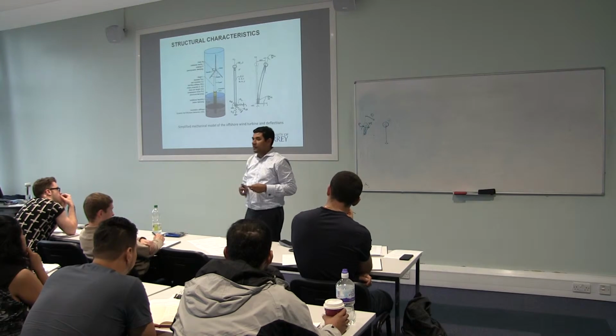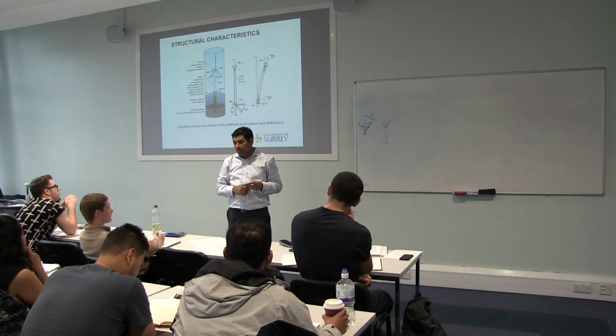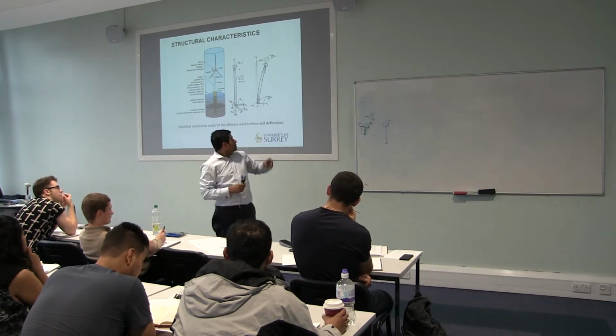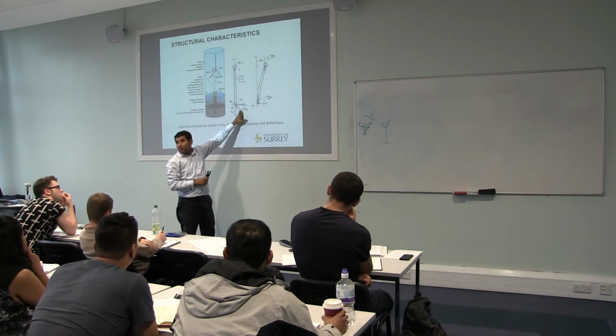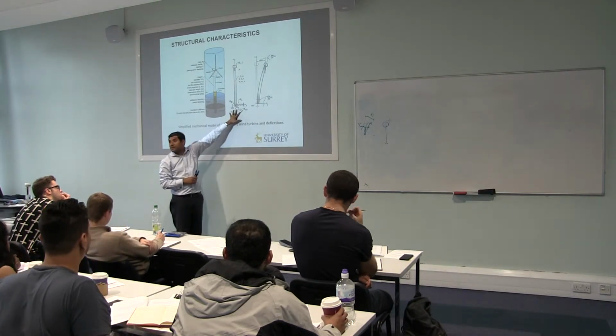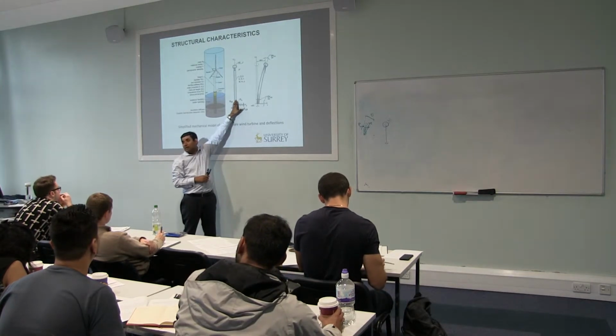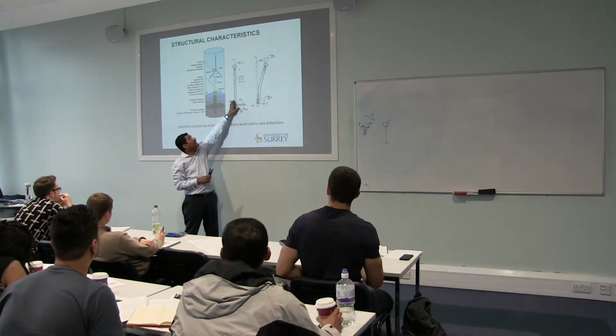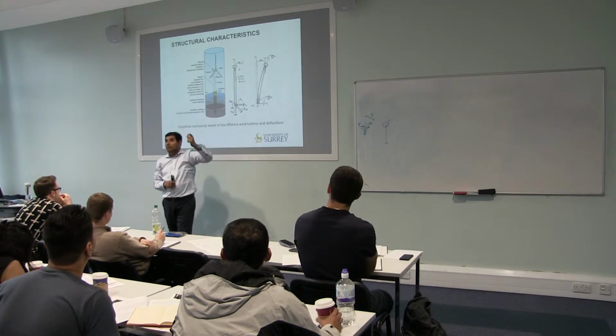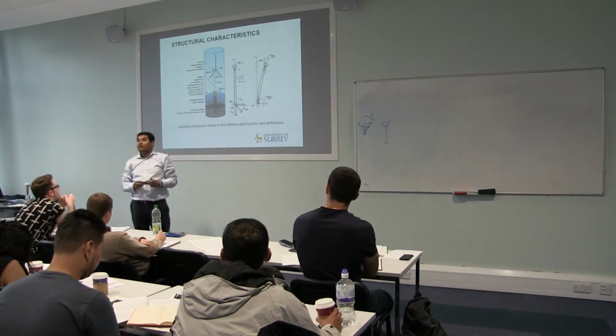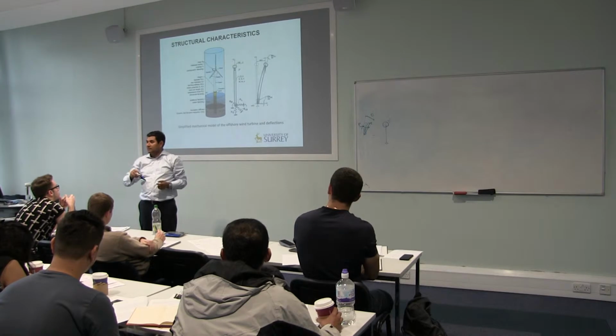They are the natural frequencies. Depending on the foundation stiffness and the tower diameter, wall thickness, length and the top mass, there will be a frequency. The frequency depends on many things.